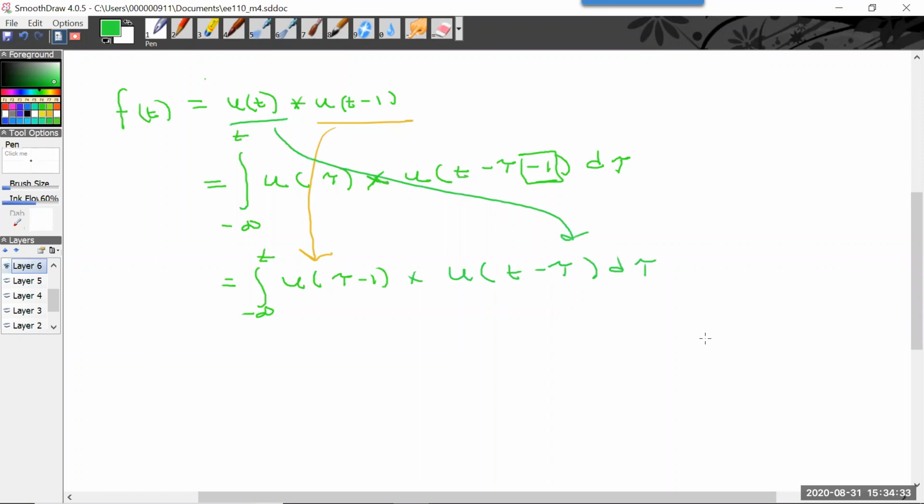The problem with that simplification is that what if they're both delayed? Then it gets a little bit tricky to keep track of that.